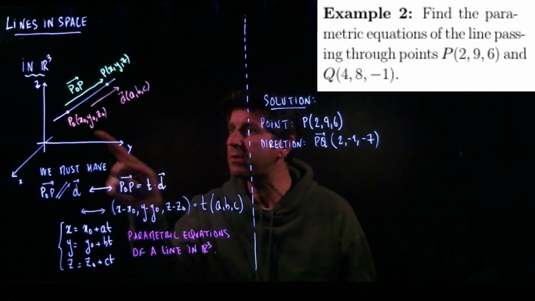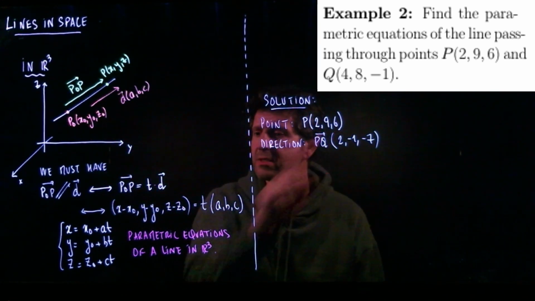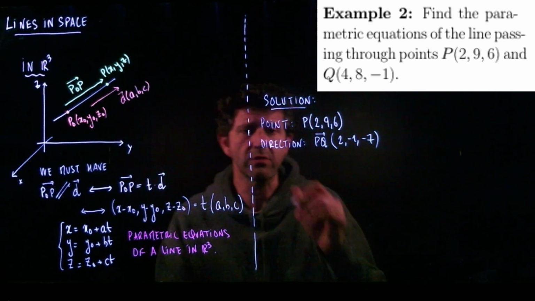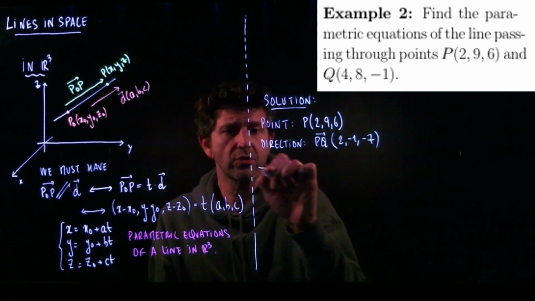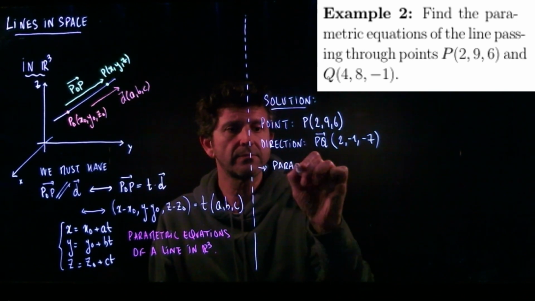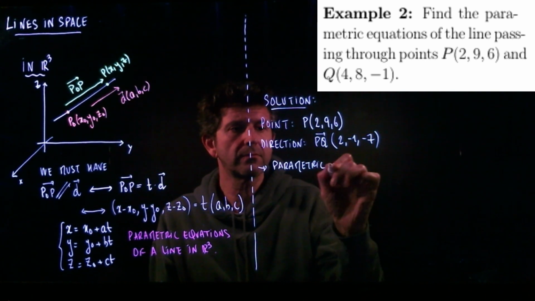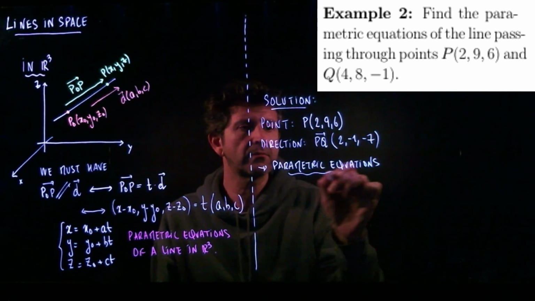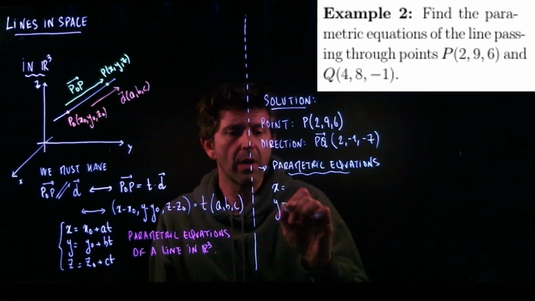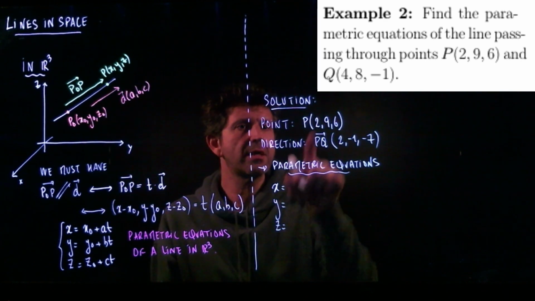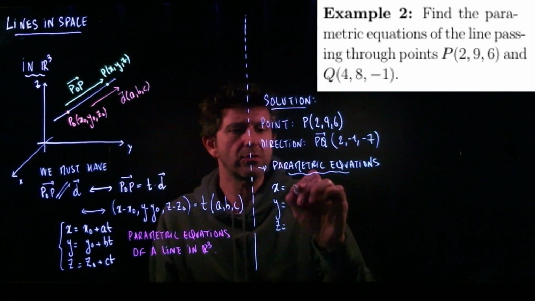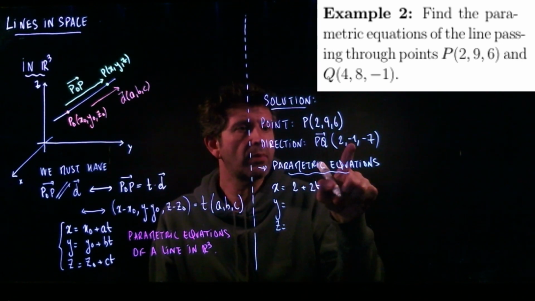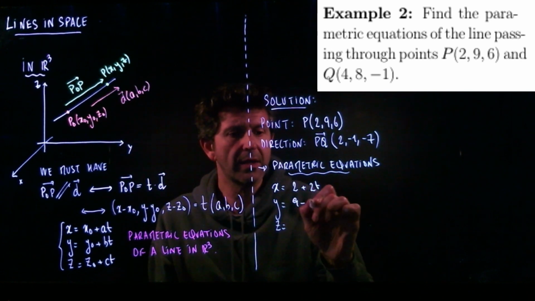If I have the point x0, y0, z0, here it is, 2, 9, 6. The direction ABC is 2, negative 1, negative 7. Here it is. So it's very simple. So the parametric equations are: x is x0 plus at, so 2 plus 2t. y is y0 plus bt, so 9 minus t.